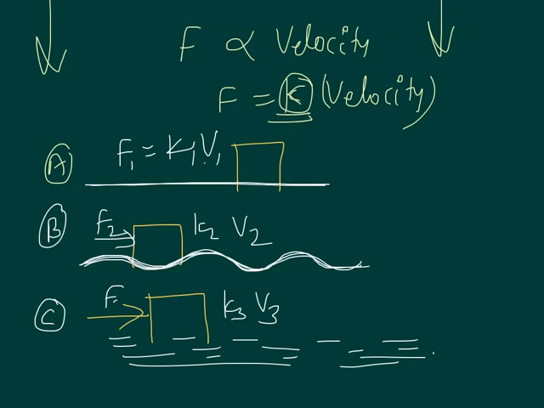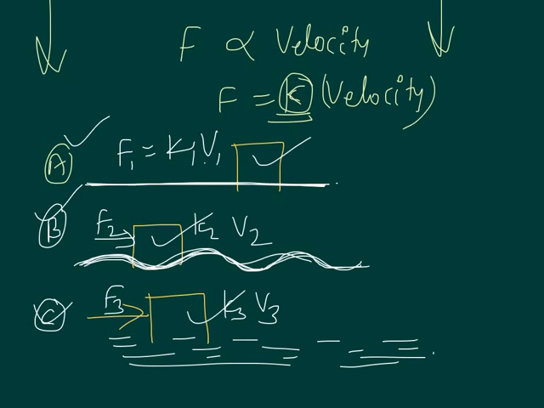So what is the main difference? The object is the same in three cases, but the surface is different. This is surface A, this is surface B and this is surface C. So what property determines the difference between these three surfaces?